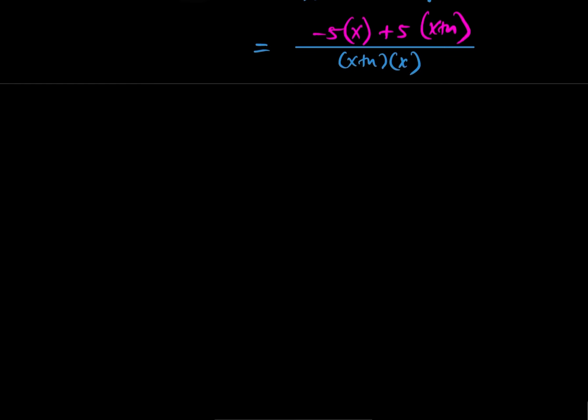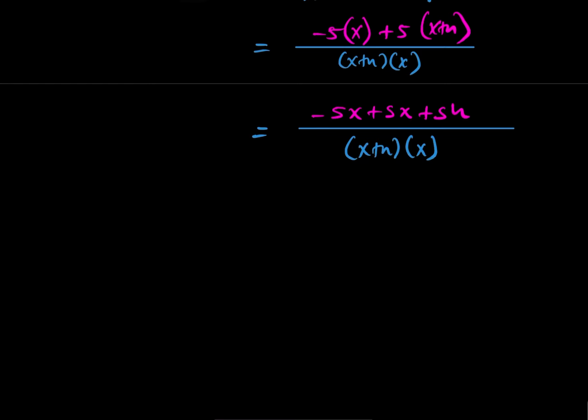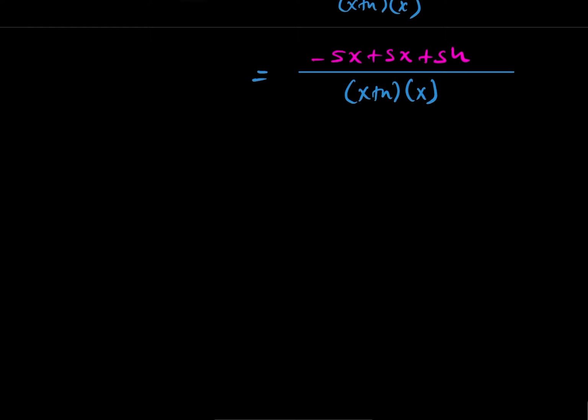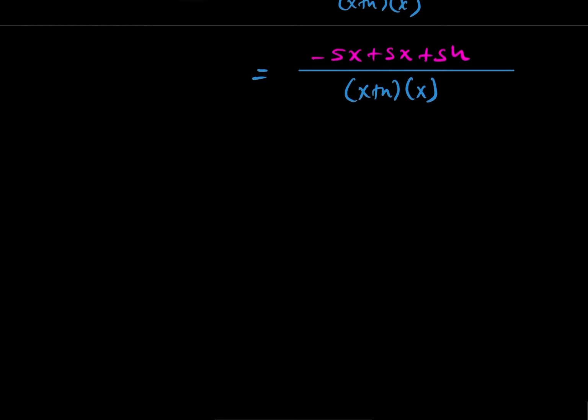So let's pay attention there on how we are going to continue with that. Clearly we can see that we get x plus h into x. In the numerator, you are going to be left with a negative 5x and then a plus 5x plus 5h if we are to simplify the numerator quite nicely. So let's see.